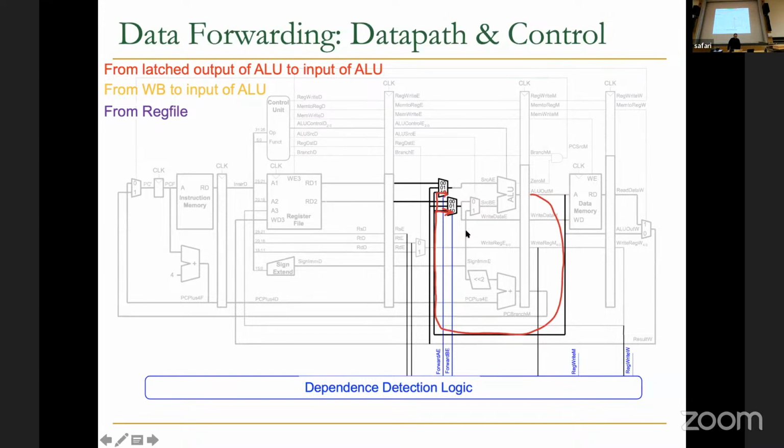These red lines show the forwarding paths for the two source operands that you can have in the ALU. And this orange one is for the write back to input of ALU. And for the register file, these two lines. So these are how we implement forwarding paths in a pipelined processor.